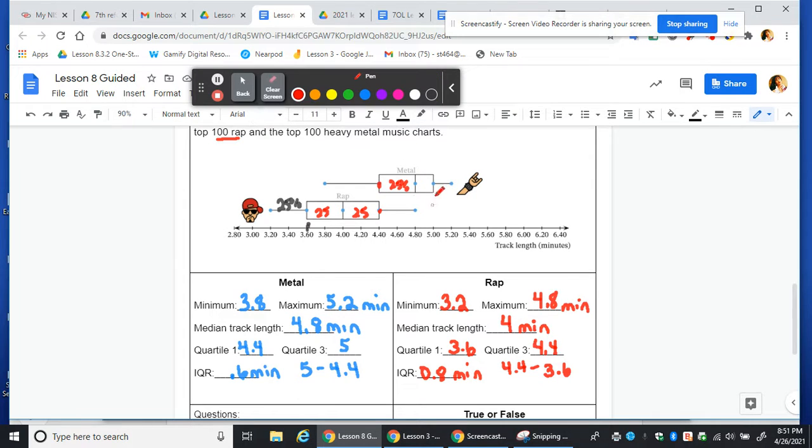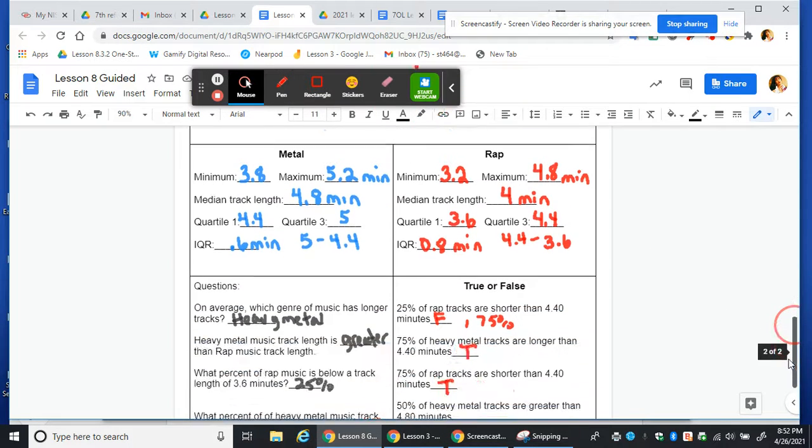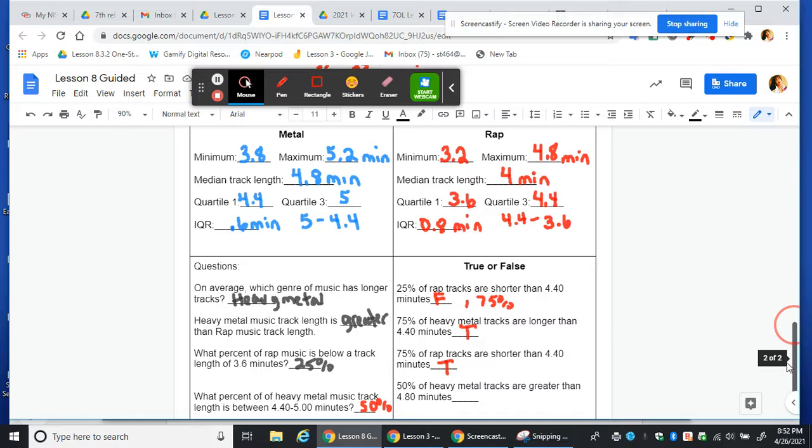If I'm looking at heavy metal, 4.8 is right here, so 50% is going to be greater than 4.8 minutes.